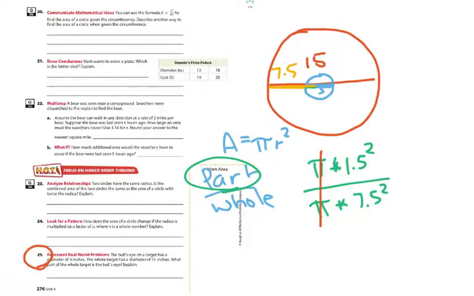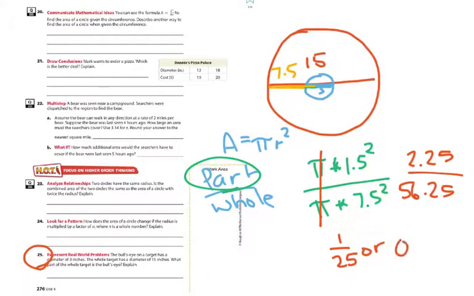And so I'm left with 1.5 squared, which is 2.25, and 7.5 squared is 56 and 25 hundredths. And so now I just need to simplify this, and I am left with 1/25, or if I calculate that, it's also 4 hundredths, and that equals 4%.